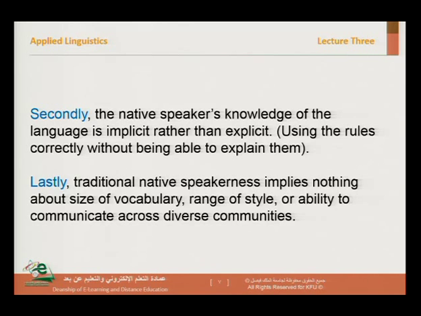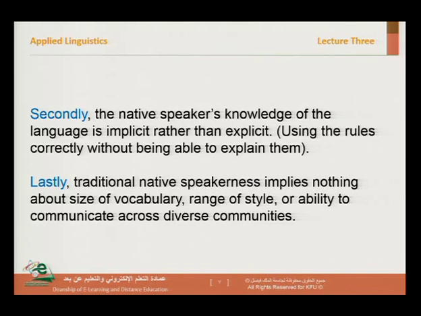No, it does not say anything about the size of the vocabulary, range of style, or ability to communicate across diverse communities. So this definition is not clear about these issues. Therefore, it is not comprehensive.